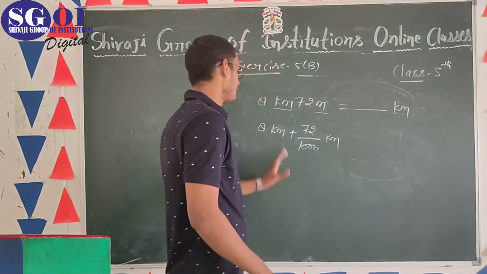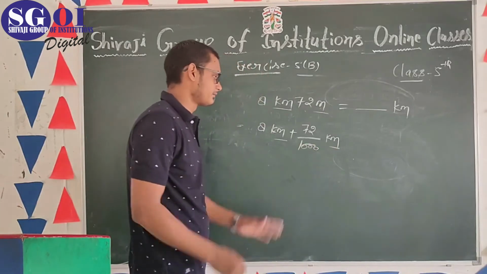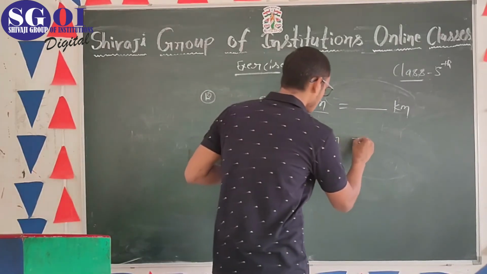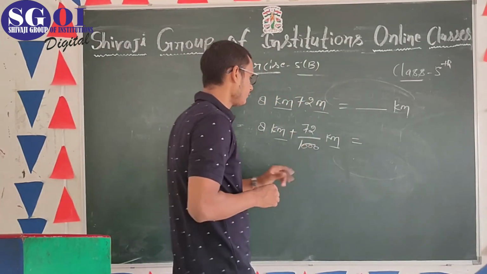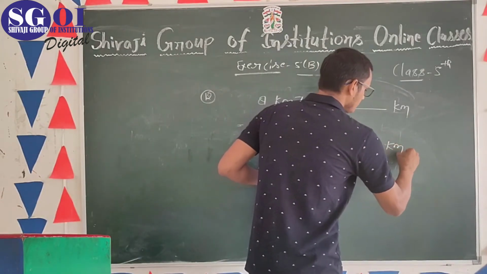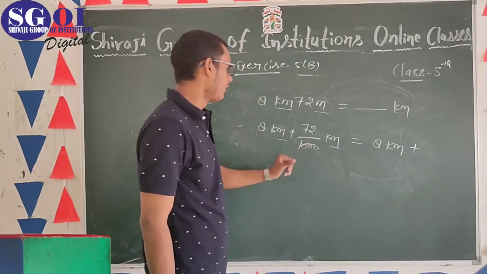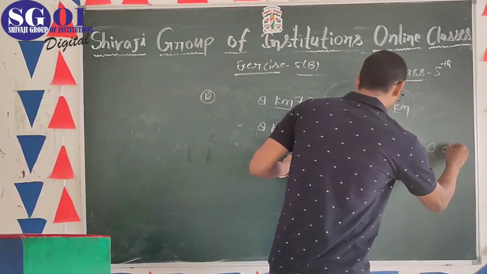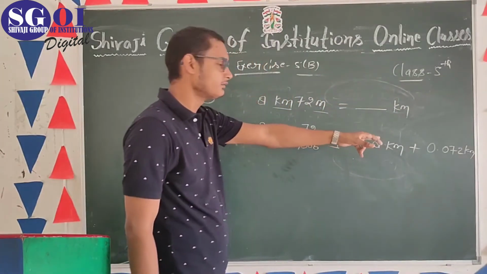Now both the units are same, so we can add. 8 kilometer plus 72 upon 1000 kilometer. 72 upon 1000 is equal to 0.072 kilometer.